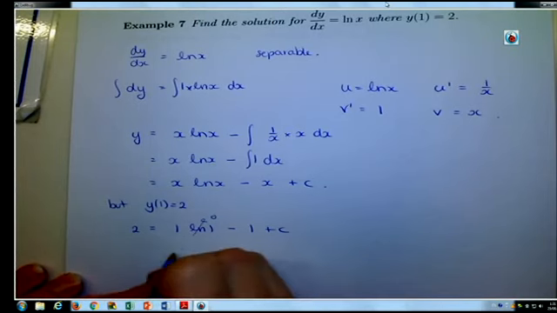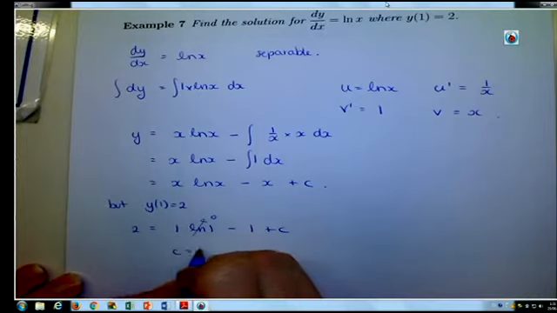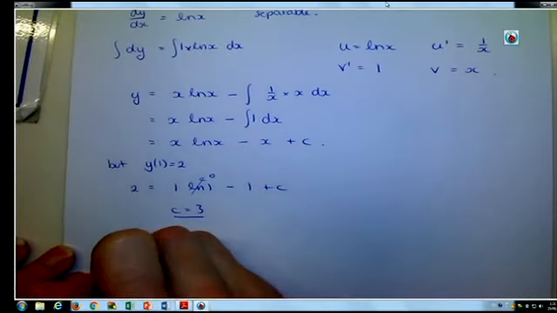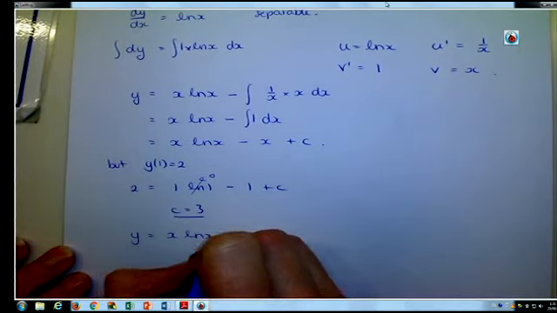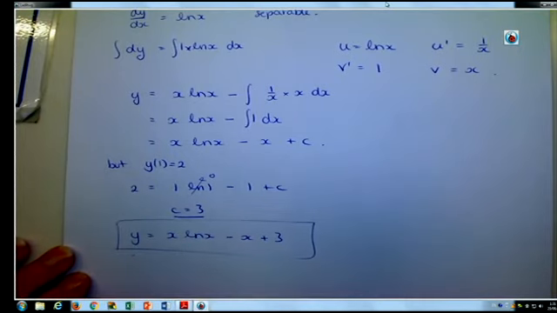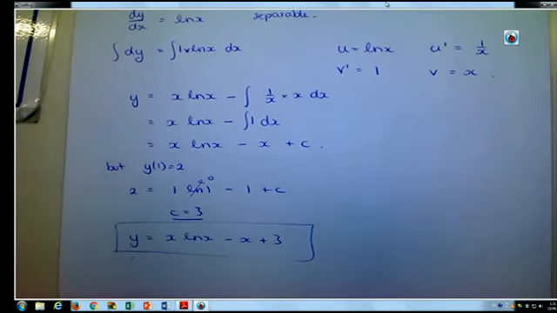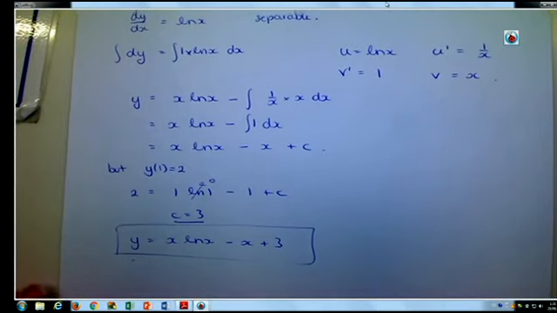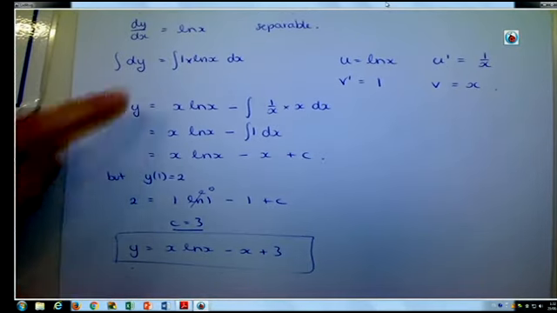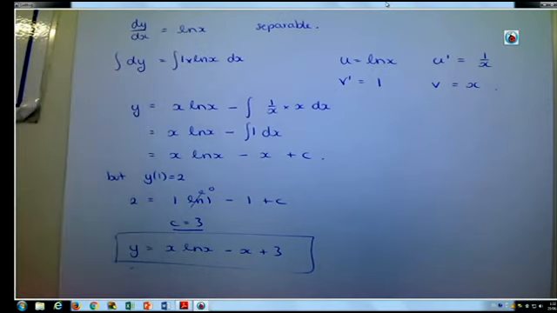So then C is going to be 3. Lovely. Done. And if you want something exciting to do on the weekend, sounds like my weekends are terrible, doesn't it? Differentiate this and you should get log of x.